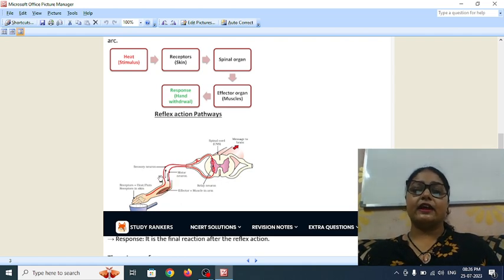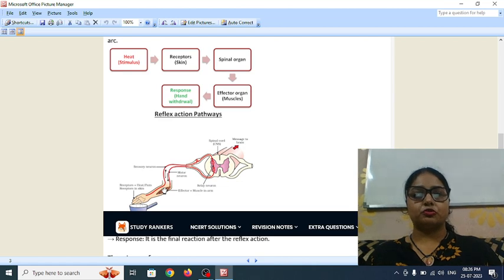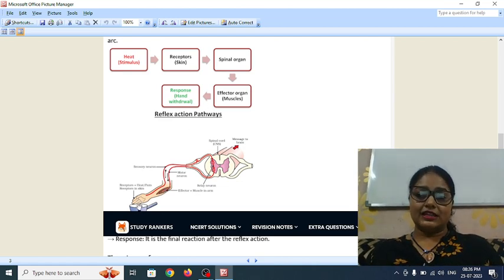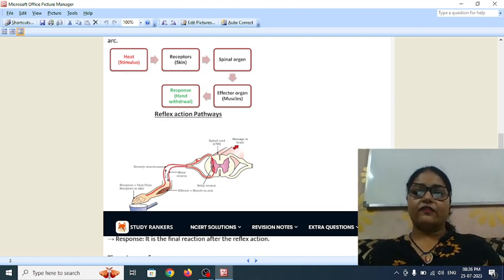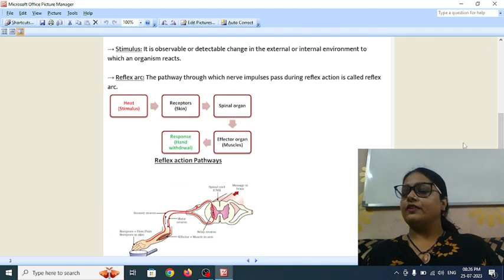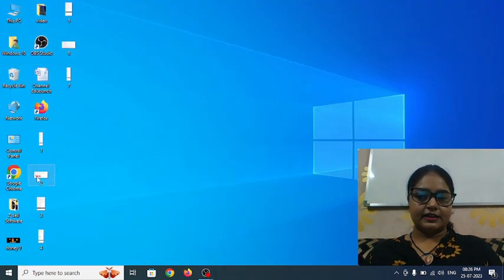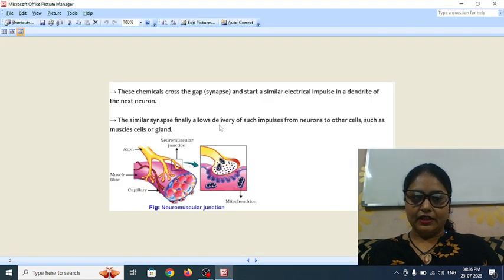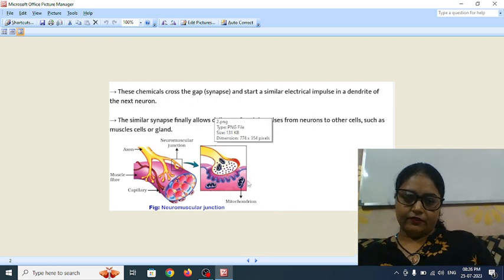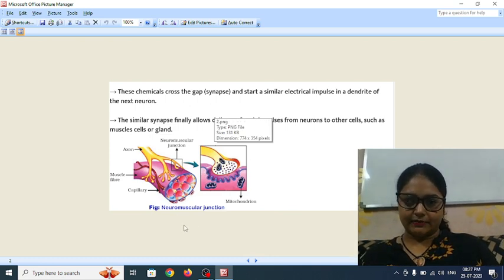It means the signal is not going to the brain. So this arc is called the reflex pathway or the reflex arc. Now we are moving to the next slide. Look at this diagram carefully.